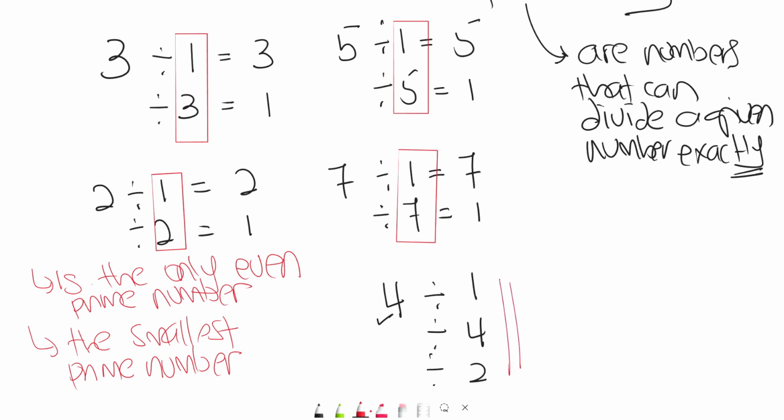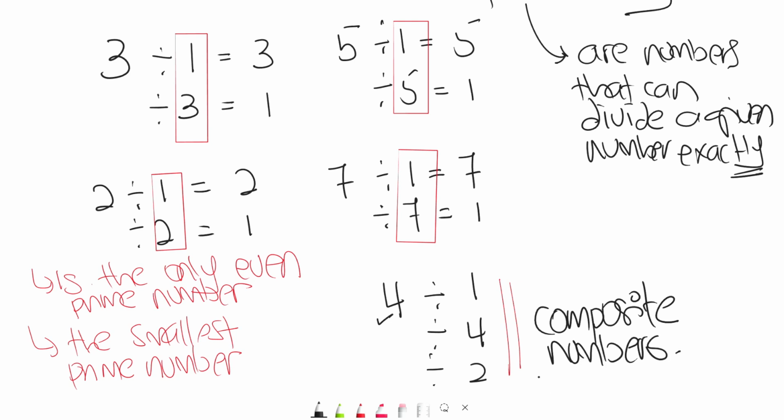They are known as composite numbers. Any number that has more than two factors is known as a composite number. Any number that only has two factors is known as a prime number. So all prime numbers are odd numbers, but not necessarily all odd numbers are prime numbers.